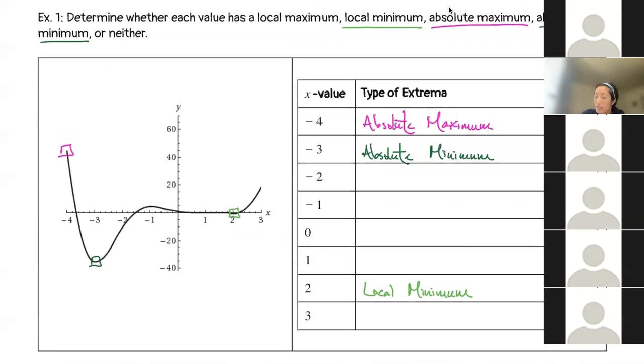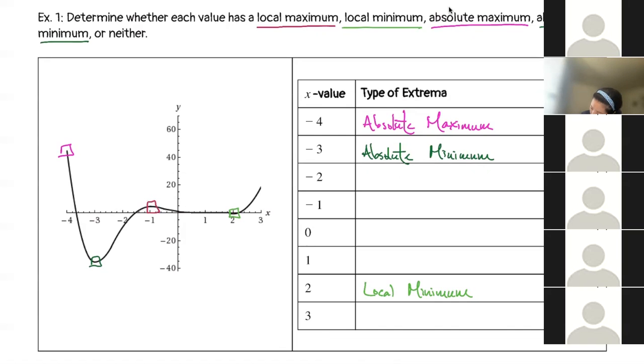All right. Well, if a local minimum is the lowest point in any given interval, a local maximum might be something we consider sort of the highest point in a given region. And looking at this graph, I'm wondering if you can tell me where there might be a local maximum. X equals -1. Yeah.